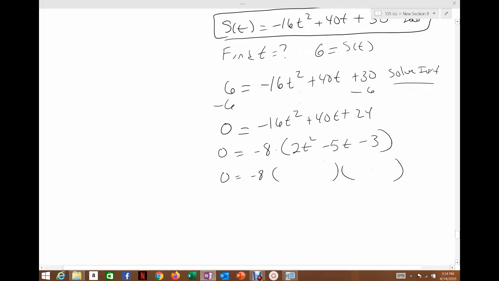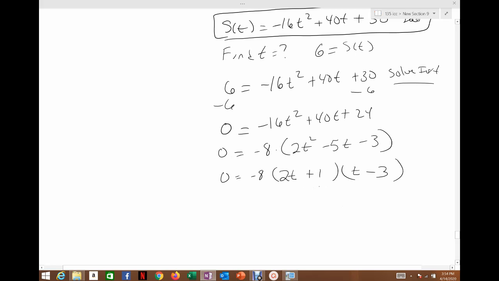First, 2t squared can split up into 2t times t. Then I know I'm going to have a positive and a negative because of this negative 3. 3 is prime, so the only way I can split it up is 3 and 1, and one of them has to be positive and one negative. If I make this negative 3 and this positive 1, that's my guess.